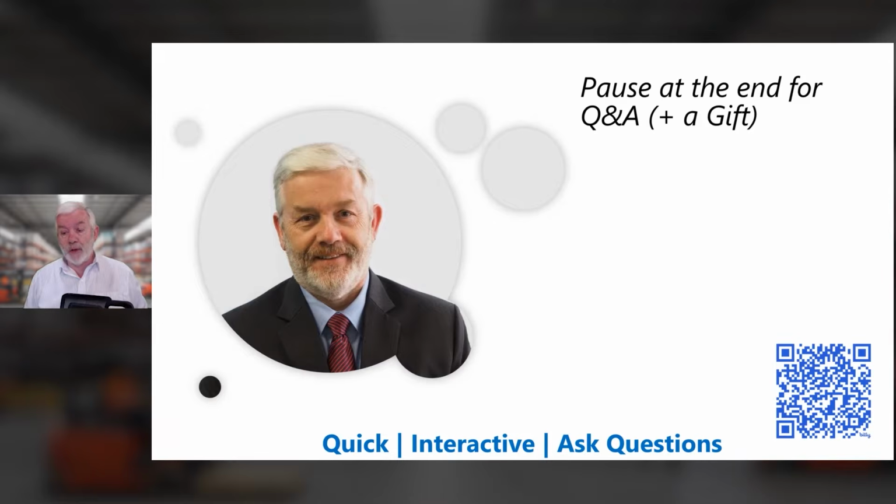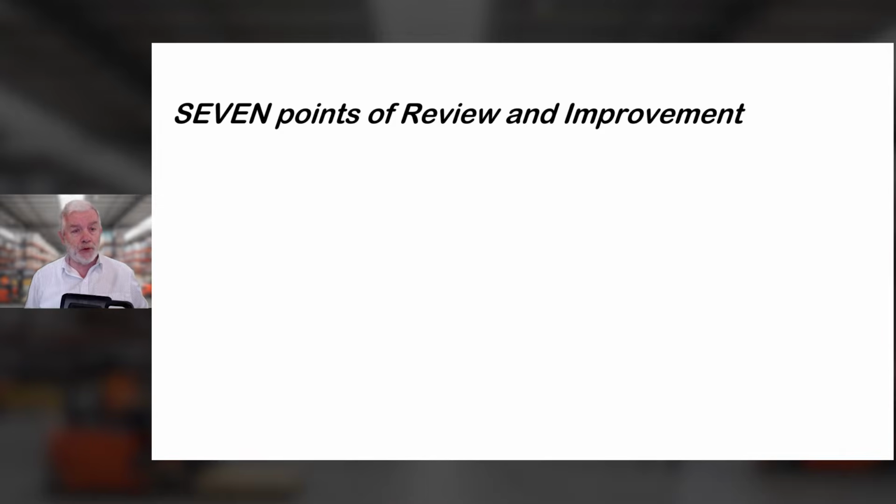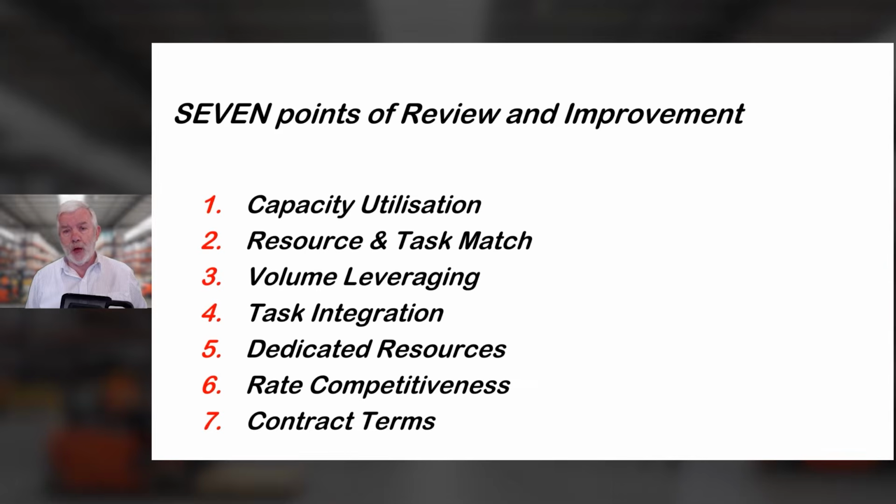Okay, so we're going to look at 7 points of review and improvement on freight, and we're talking road freight. I'm going to go through them fairly quickly, but I'm going to spend a little bit more time on number 6. So we're going to have a look at capacity utilization, matching tasks and resources, volume leveraging, task integration, whether you should have dedicated transport resources or not, and contract terms finally.